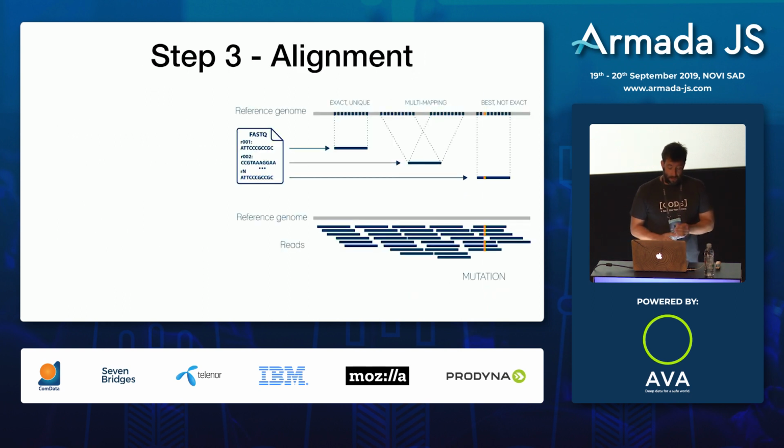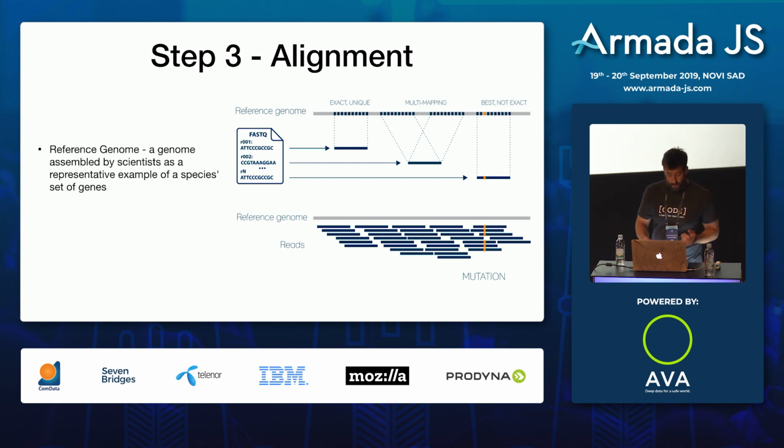Okay, now you need to align this somehow. You have just random shreds of your book, and you need to align every piece to the right position, right? This is something that's done with software. The software literally takes one sentence and searches through something called the reference genome.